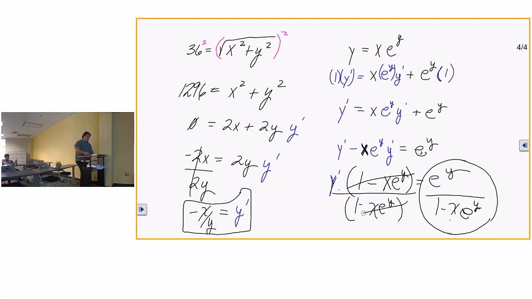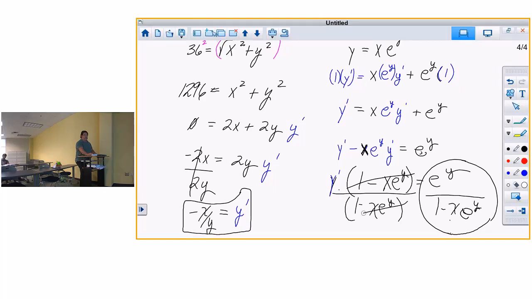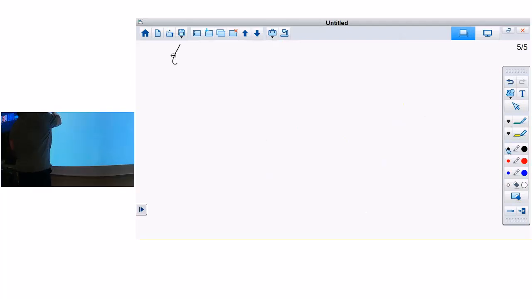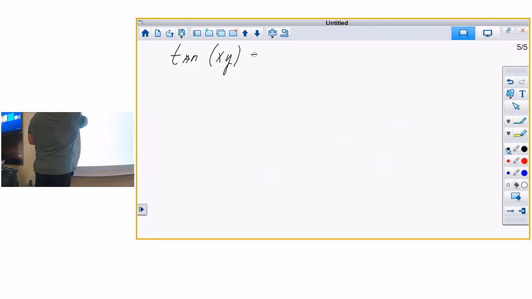So try this one. Now there's two ways to do it, and I'm not going to tell you that either way is wrong. You're going to get the same answer. And this is a trig function, so get your trig card out. tan of xy is equal to 7.